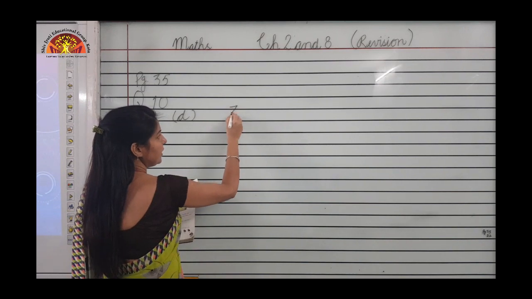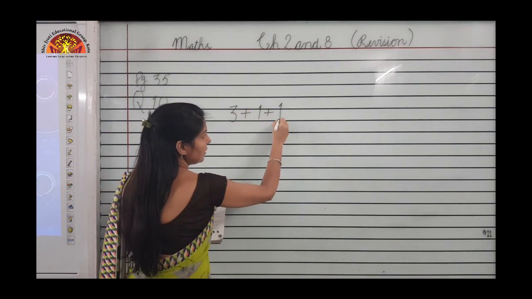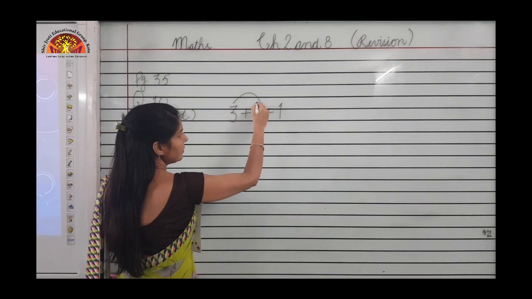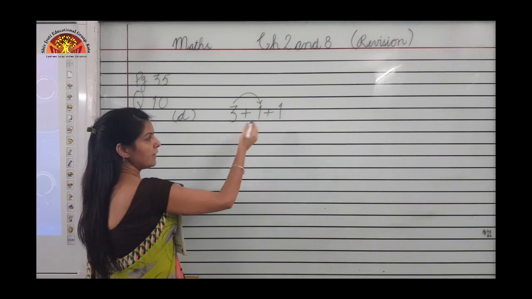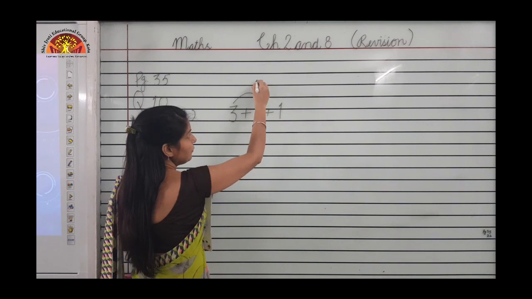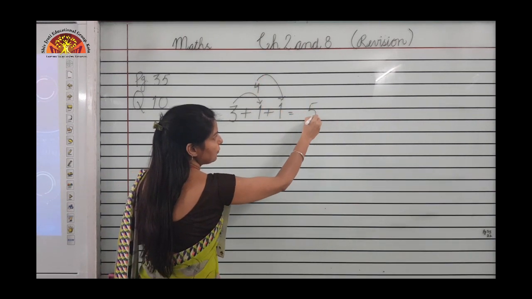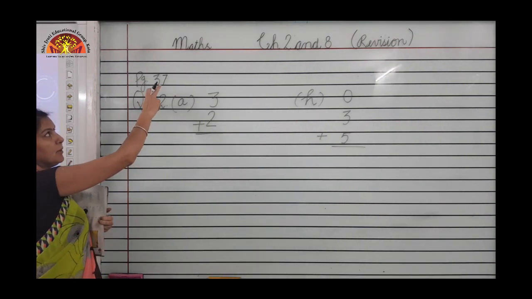Numbers are 3 plus 1 plus 1. Now first of all we will add these two numbers. Then what will we get after adding these two numbers? We will get 4. Then in 4 we will add this one. It will be 5.